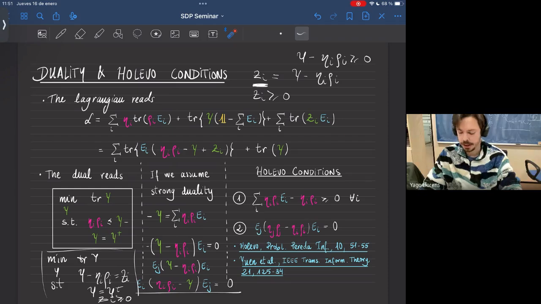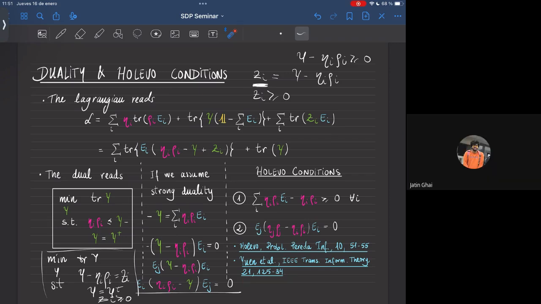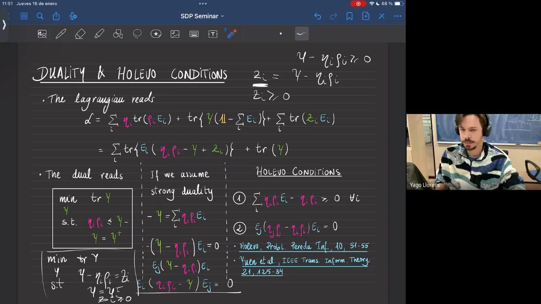Yeah, in here I derived the sufficient part, but it's also necessary. I think it's illustrative to do it this way, to construct it via semidefinite programming. But if you see these two papers, it's sufficient and necessary. So all optimal POVMs fulfill the Holevo conditions.